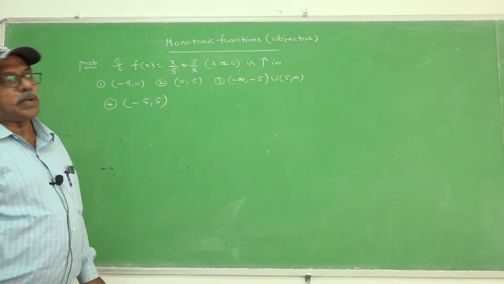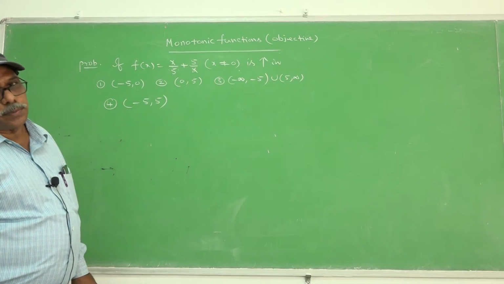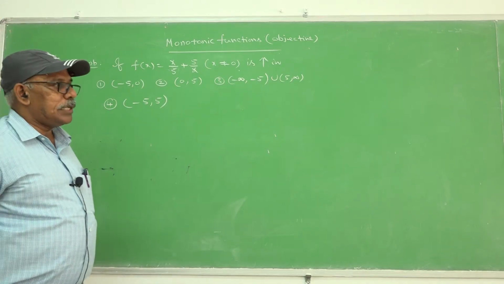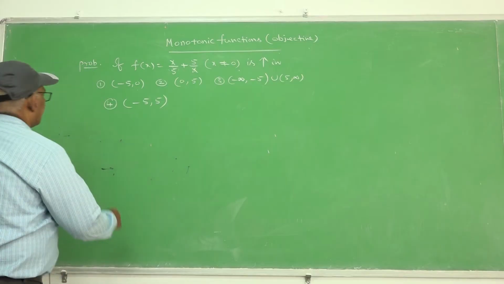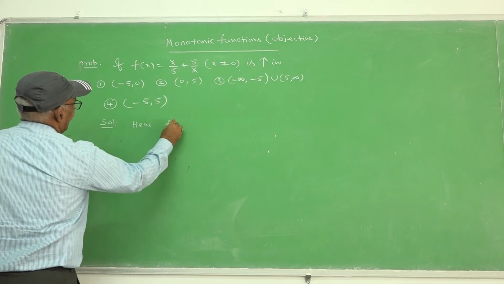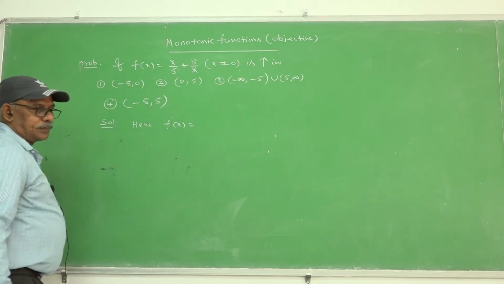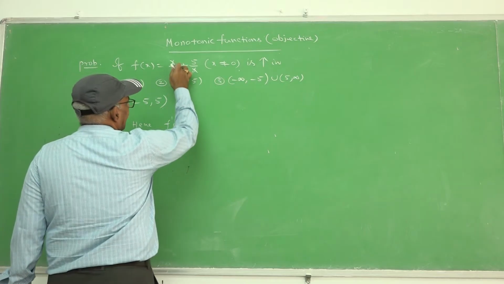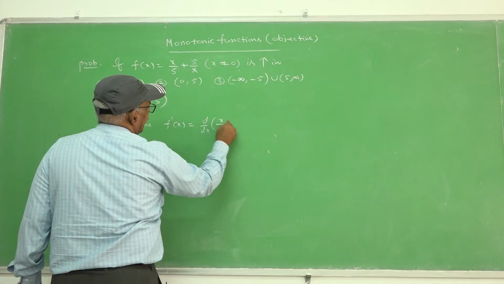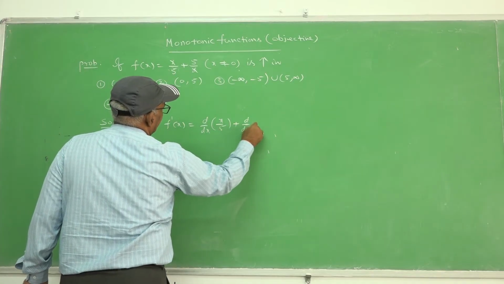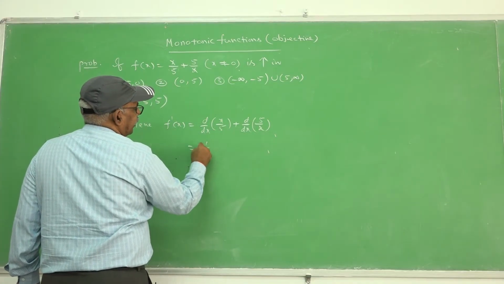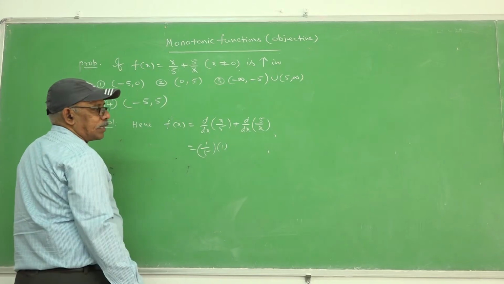The given function x by 5 plus 5 by x, for x non-zero real, is increasing in which interval? That is our question. So here I will consider the first derivative of the function. f dash x is the derivative of x by 5 plus the derivative of 5 by x. The derivative of x by 5 is 1 by 5 itself.